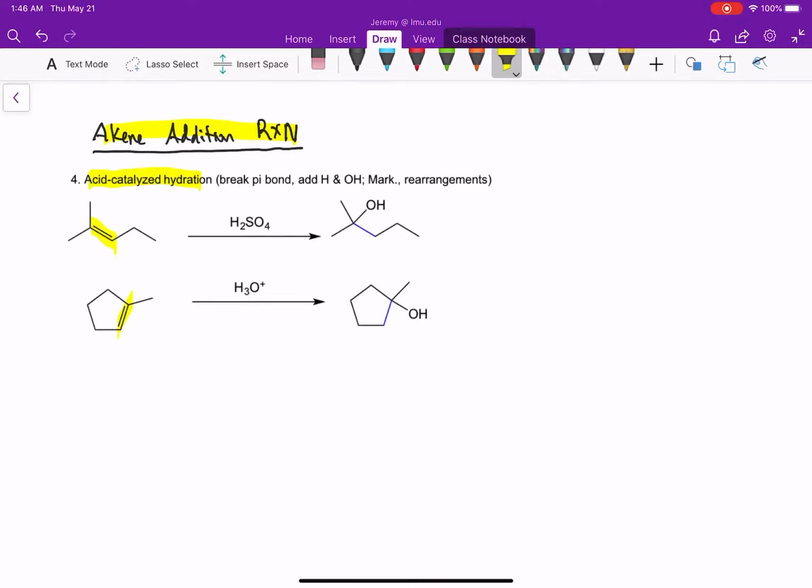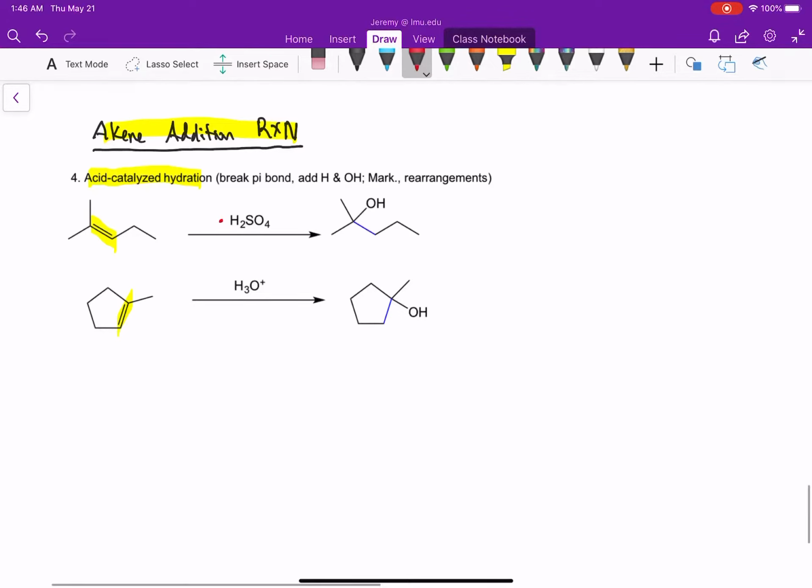The first thing I want to do is talk about the reagents. What we see here is I've listed H2SO4, H3O+ as a reagent. Basically there's a long list of reagents we can add. Because this is acid-catalyzed, we need a dilute acid.